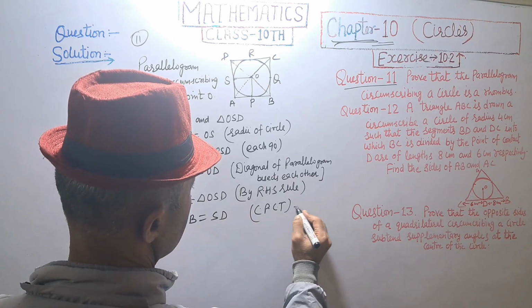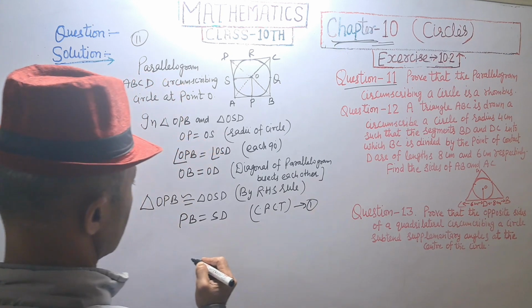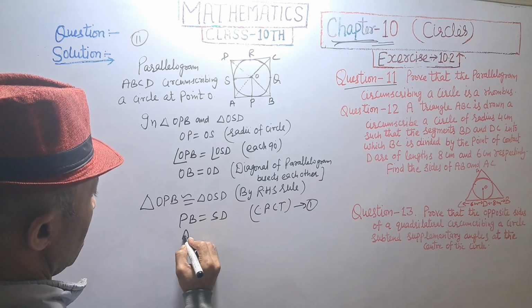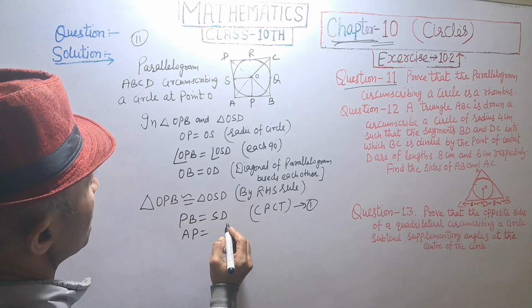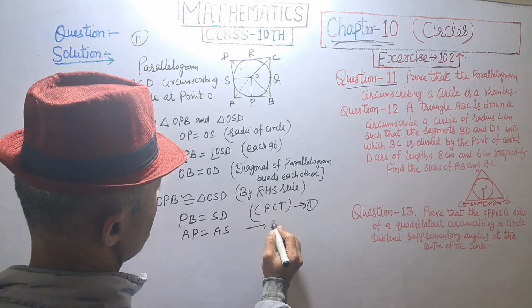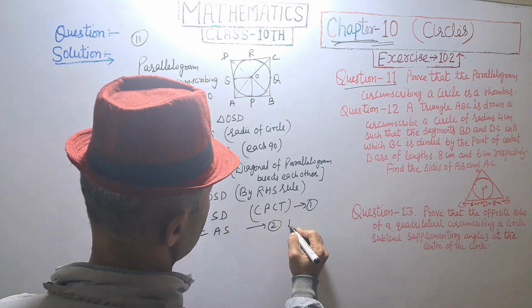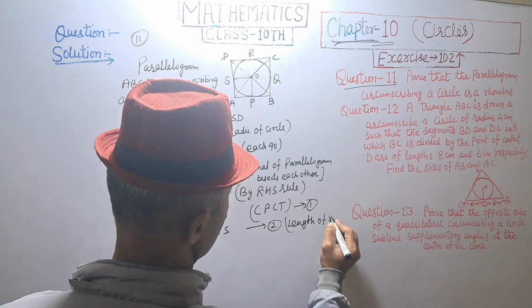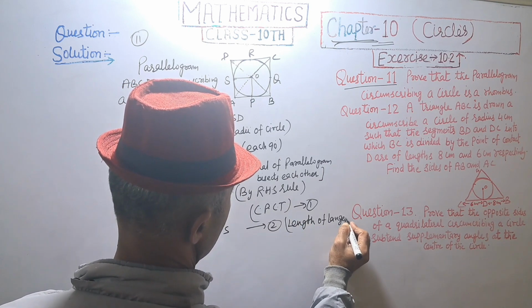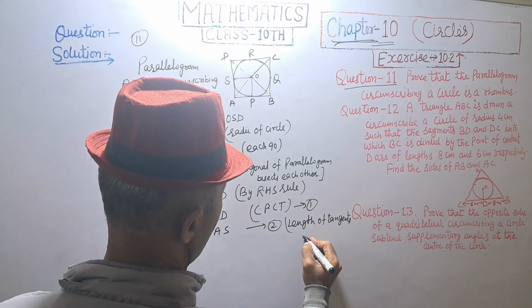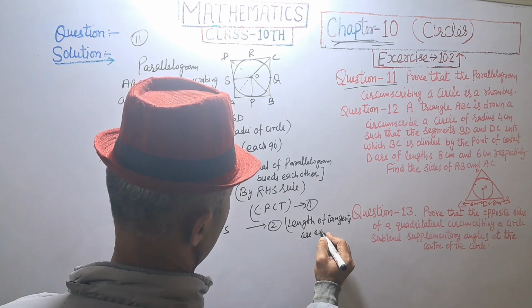This is equation number first. And AP is equal to AS, it's equation number second. Lengths of tangents are equal.